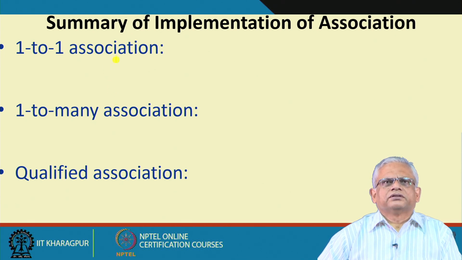So far, we looked at the implementation of association over the last few sessions, and also we looked at ternary and quaternary association. We looked at how to implement a one-to-one association. That was the simplest case, and we said that an implicit attribute on both objects that are linked by this association is enough.